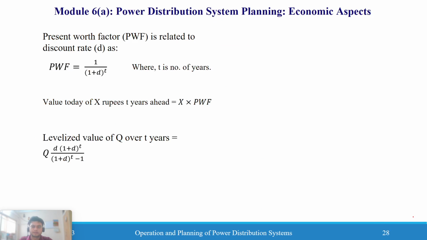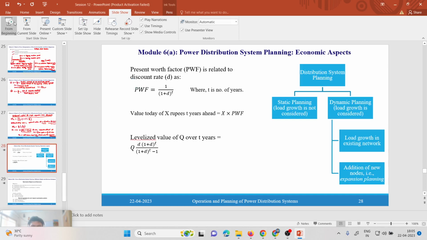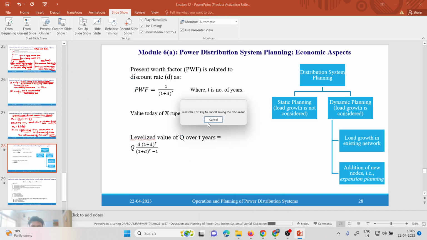Now for economic aspects, these terms are very important: present worth factor or discount rate. The present worth factor is related to discount rate as 1 divided by (1 plus d) power t, where t is the number of years, and it describes the value today of future rupees. The levelized value of Q over t years will be Q times d times (1 plus d) power t divided by (1 plus d) power t minus 1.